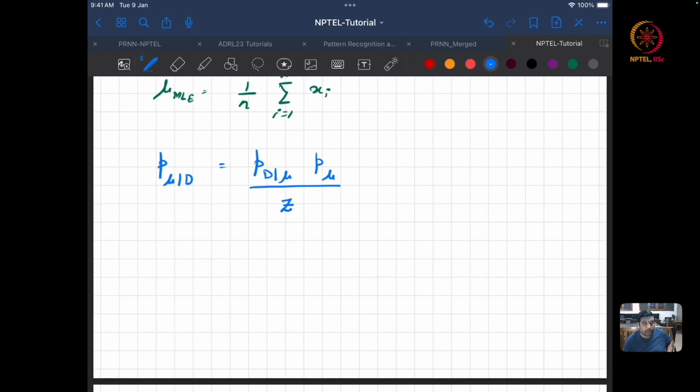For the conjugate pair, we want this likelihood and its conjugate prior to be of the same functional form.